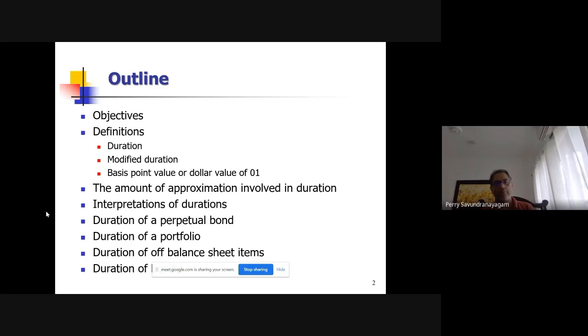Right. Now, duration is a measure of basically a dollar value on one side and also a time period on the other side. It takes into account if you have a bond on your books, or a bill, or a loan on your books, what is the actual periodicity of that bond? Is it the 5 years or 6 years or 10 years that you have, or is it actually less than that?